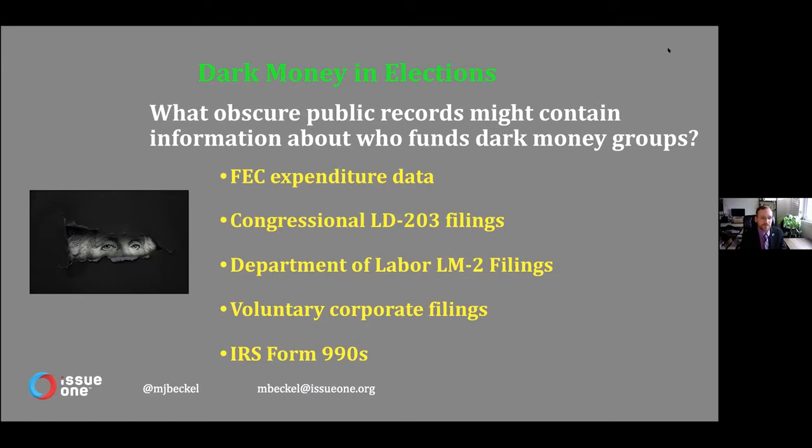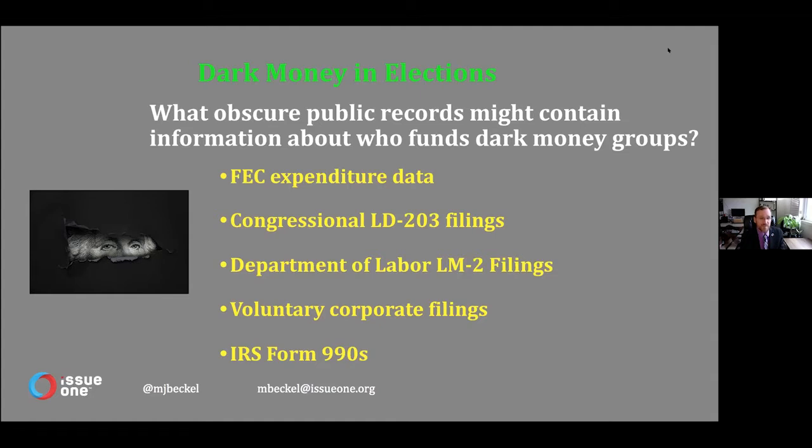Labor unions have to file annual reports with the Department of Labor that detail all of the money that goes out of them. And so you can see expenditures, you can see contributions to politically active dark money groups on LM-2 filings with the Department of Labor. And some companies are voluntarily disclosing information.